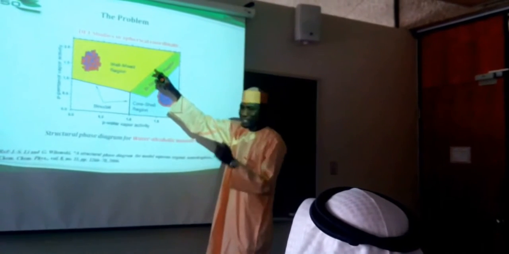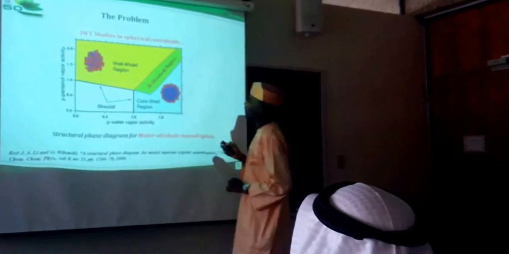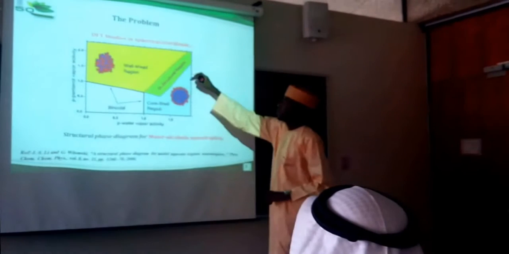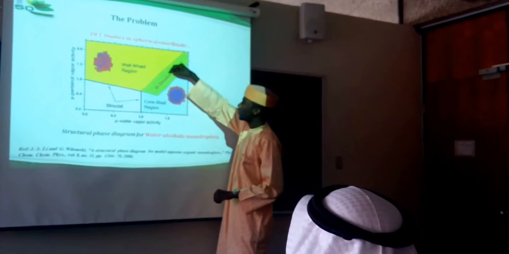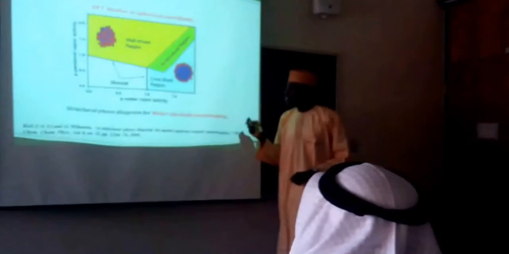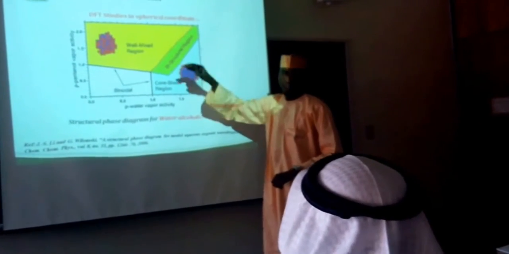And at the same concentration, when they start from the well-mixed region and come down to the end or line of the bistructural region, at the same concentration of water, they then found only the well-mixed structure, meaning that the two structures exist in the same region. They exist with the same probability.